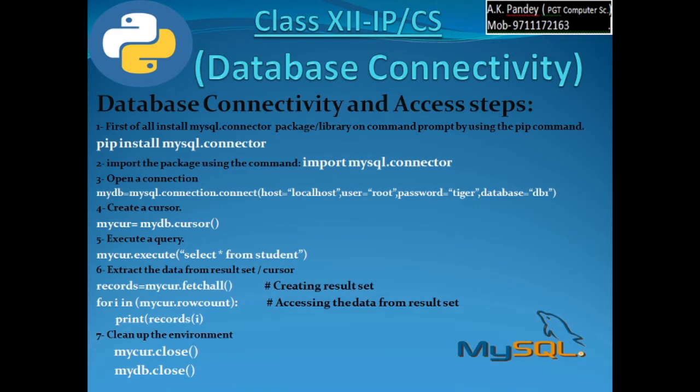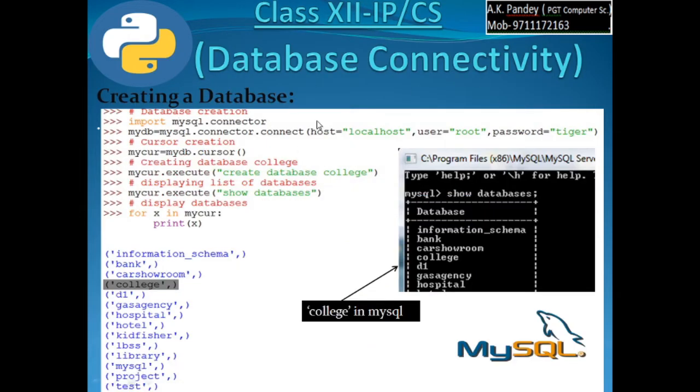Now suppose you want to create a database in MySQL from within Python. How to perform it practically? See, first of all import mysql.connector, then you are opening the connection: mydb equal to mysql.connector.connect, host equal to localhost, user equal to root, password equal to tiger.